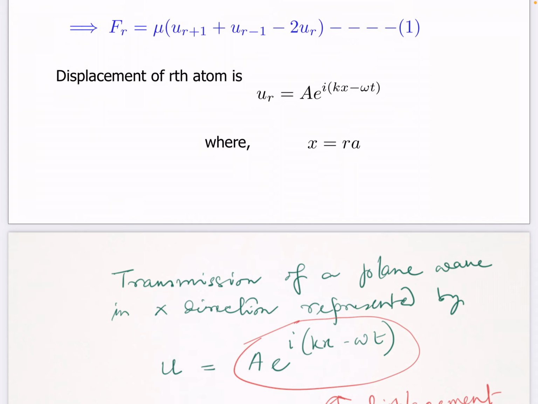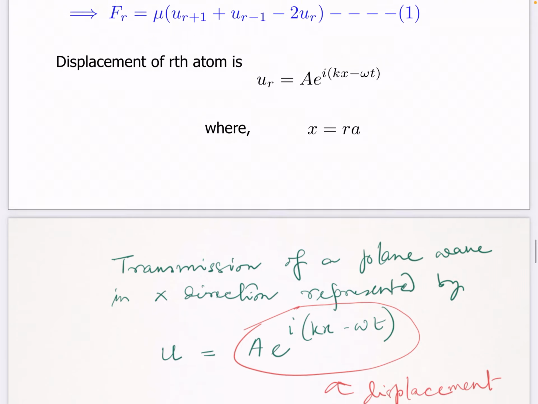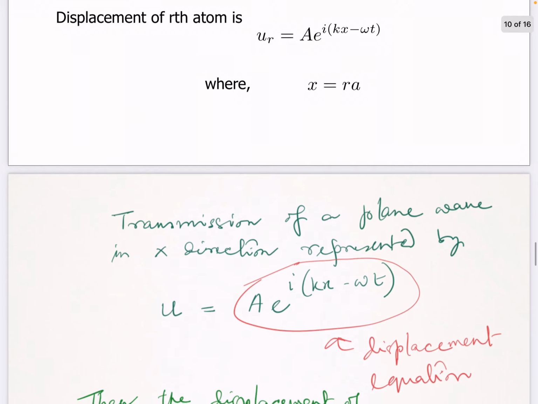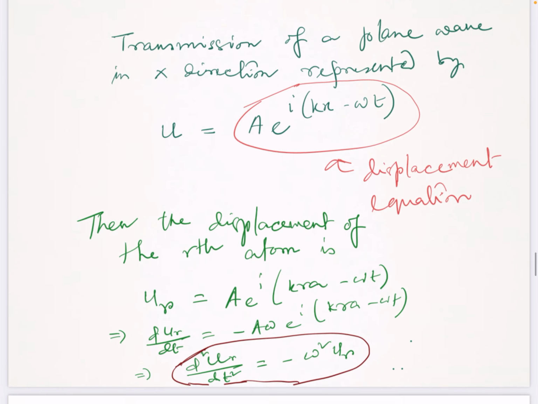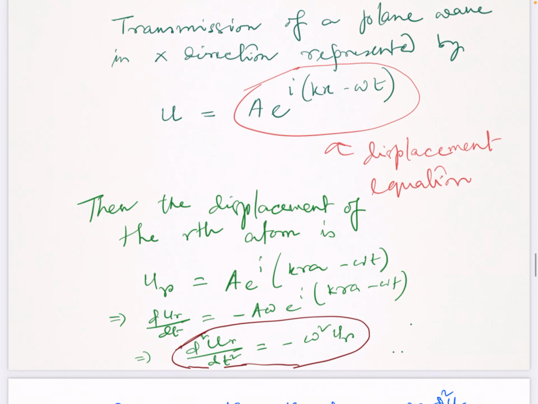This propagation of a plane wave in the x direction can be represented by u equal to A times e to the power i(kx minus omega t), and this is the displacement equation. Then you can consider du r dt. You take the derivative, and the second derivative gives you minus omega square times u r.